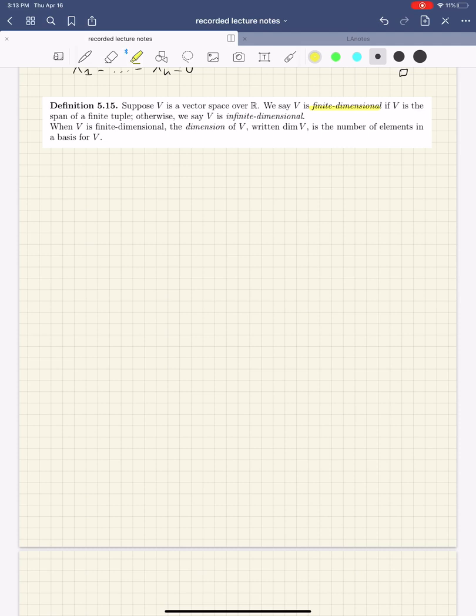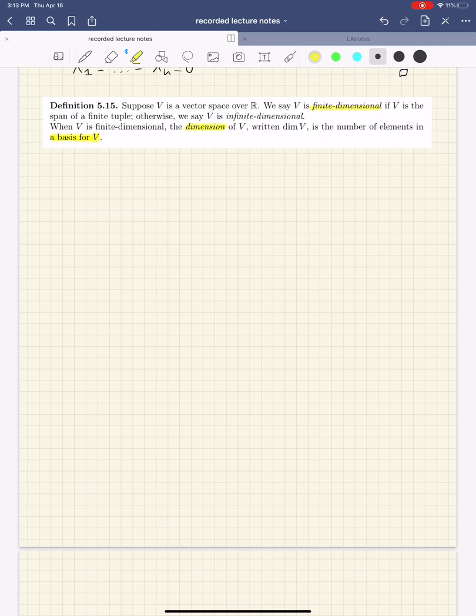Otherwise we call it infinite dimensional. And when it is finite dimensional, we want to attach a number to it, the dimension of V, and we want to say that this is the number of elements in a basis. So the dimension should correspond to the number of elements in the basis.